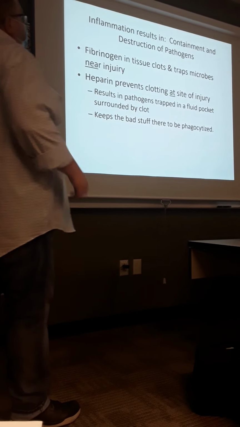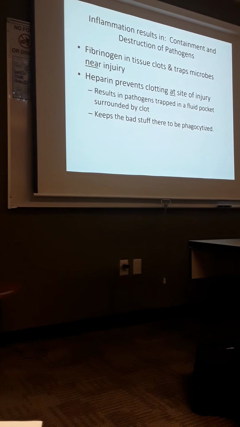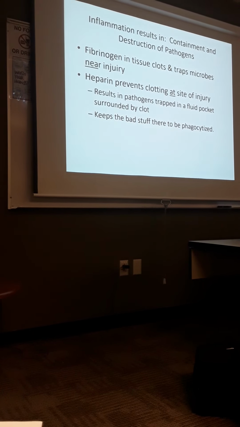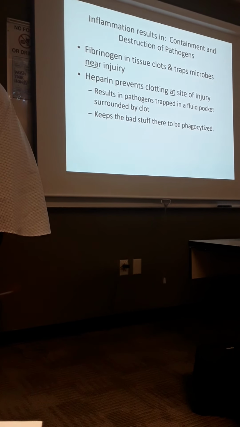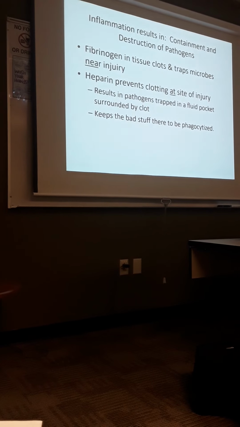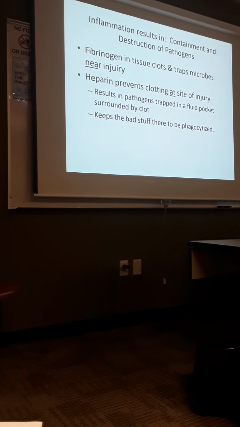And that's what's said here, where you have the fibrinogen in tissue. It's going to clot. It's going to form a blood clot, as we described earlier, and it's going to trap the microbes near the injury. It's kind of like, let's say somebody tries to break into your house, and you trap the person in the basement.